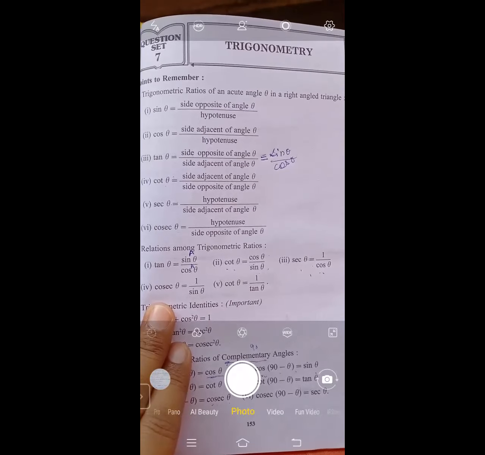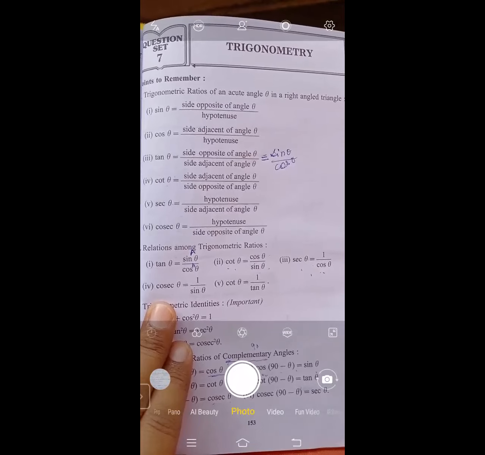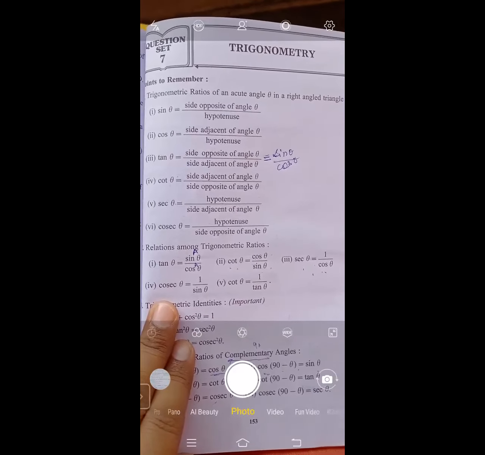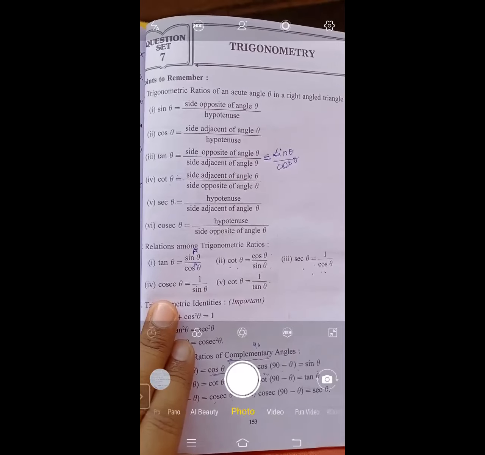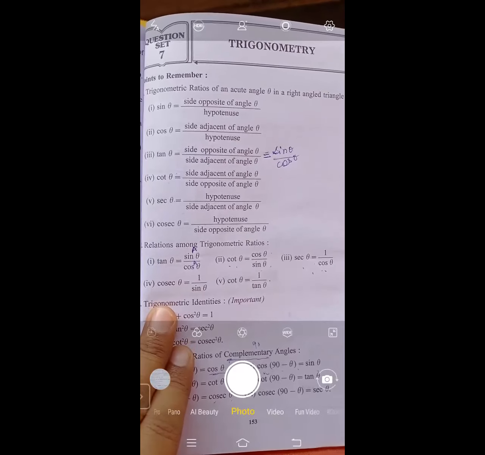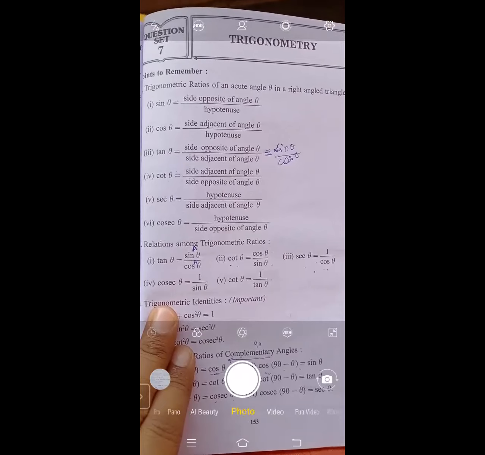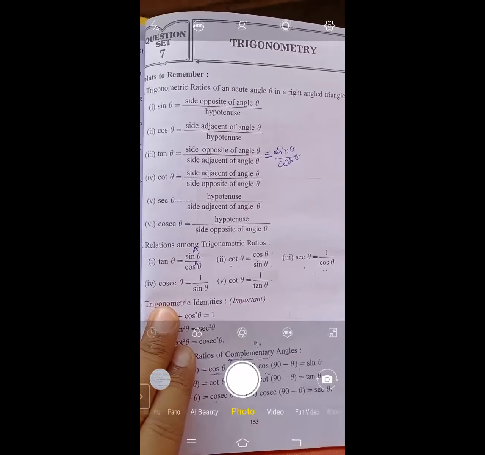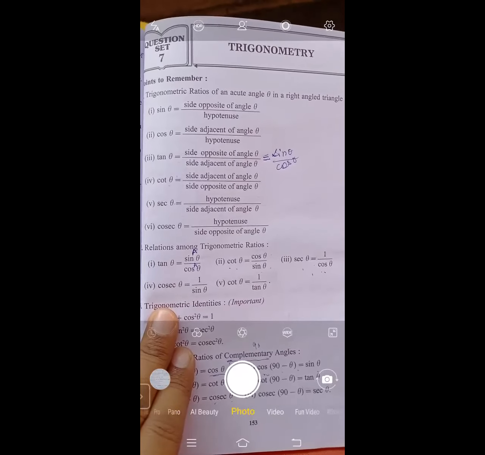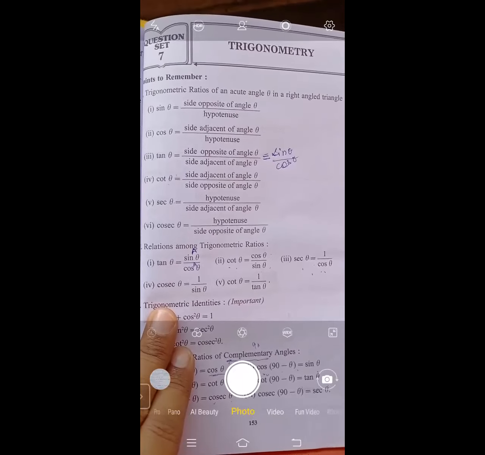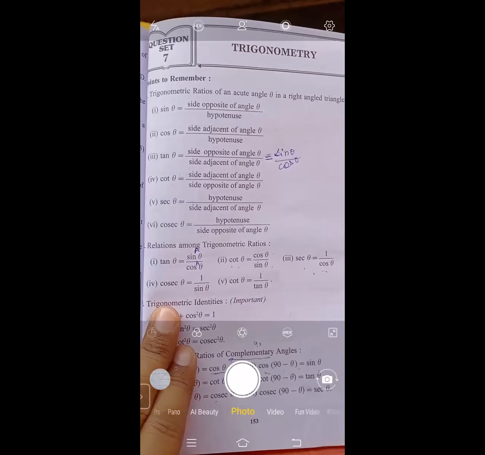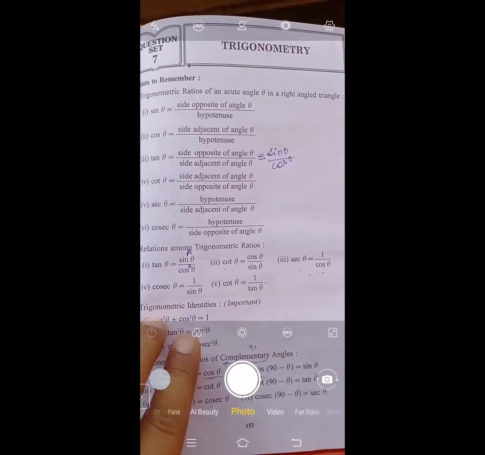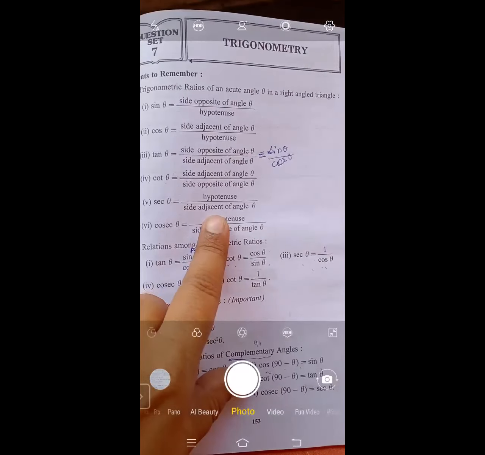Cot theta is just the inverse or reciprocal of tan theta. So cot theta equals side adjacent of angle theta divided by side opposite of angle theta. So we can remember tan theta, and then for cot theta we will just take the reciprocal of tan theta. Sec theta is nothing but the reciprocal of cos theta.